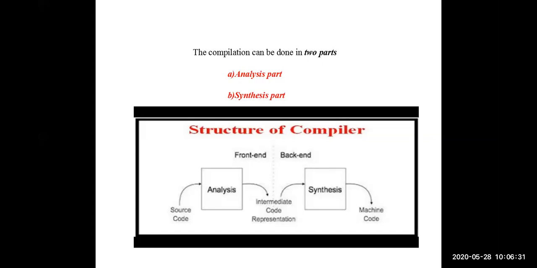First, the source code is given to the analysis part. After analysis, some intermediate code will be generated. That intermediate code is given to the synthesis part, which will generate the machine code, that is, the assembly code.